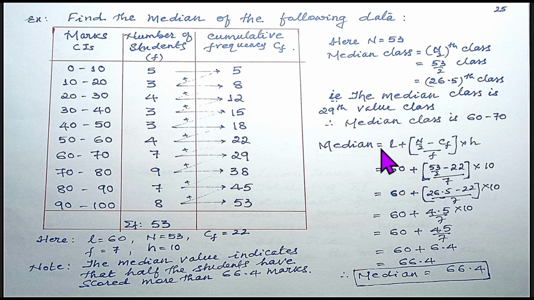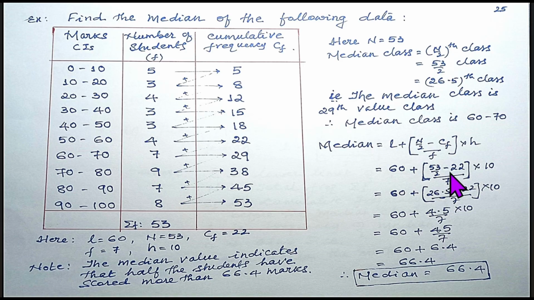Now we use the formula of median. Median is equal to L plus (n by 2 minus CF) upon F into H. Now identify the values of all these variables. L is the lower limit of the median class interval, that is 60 here. L is 60, n is 53, CF is 22, the cumulative frequency of the class before the median class, F is 7, the frequency of the median class, and H is the class size, that is 10.